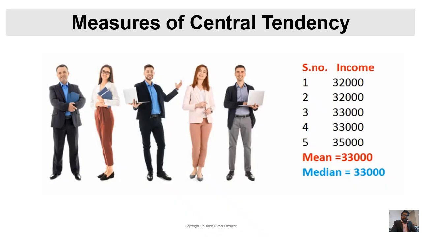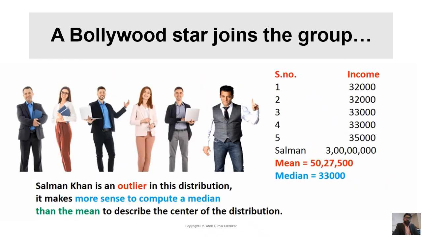So we'll see how a single observation can change the entire mean value. Now in this case, we can see a Bollywood star. It is again a hypothetical example. Let us say now a 6th person joins with an income that is much higher. Now we can see 3 crore.